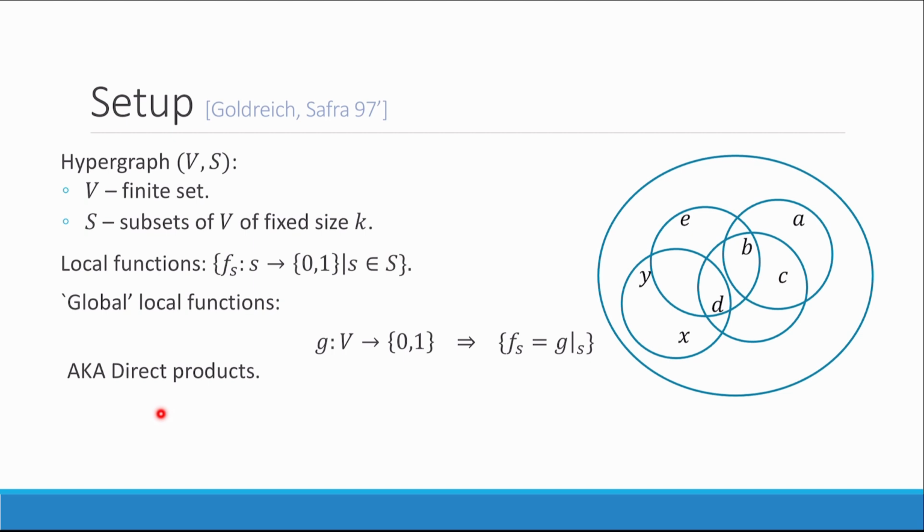Agreement testing, or direct product testing, looks at these objects, only probes a couple of random f subscript s, and is supposed to give at least an approximate decision about whether this property holds.